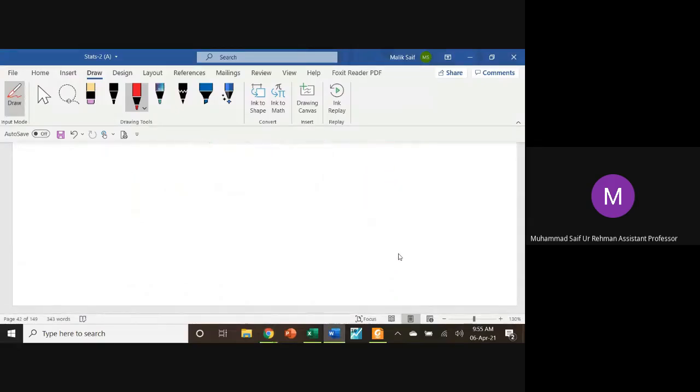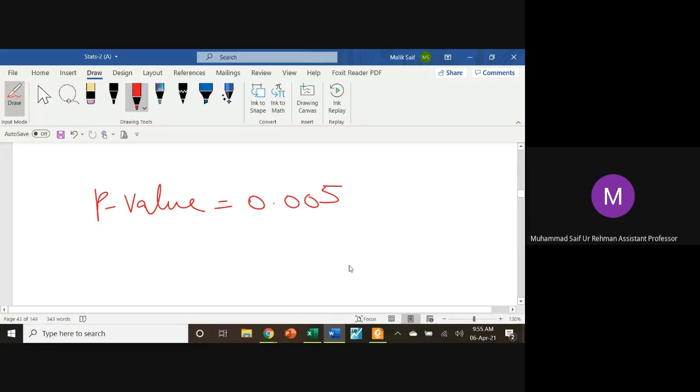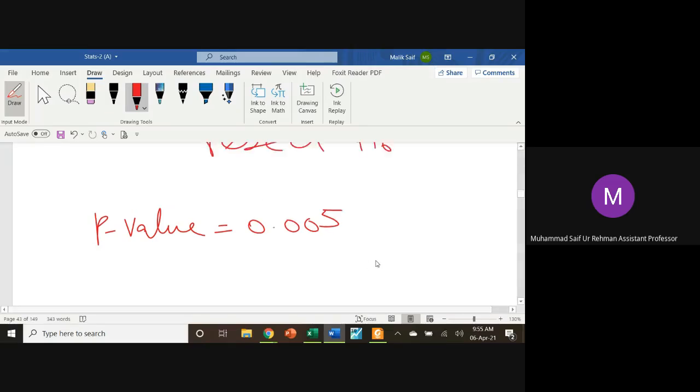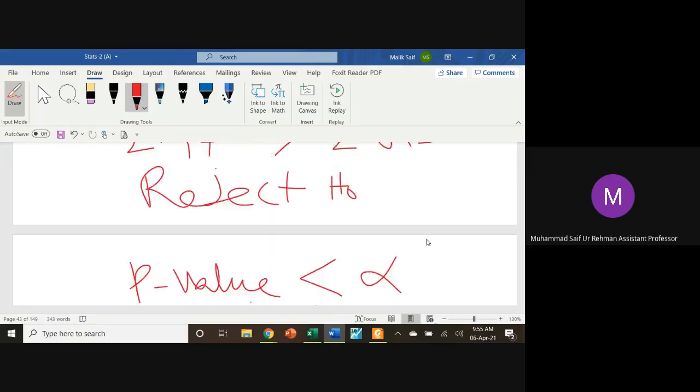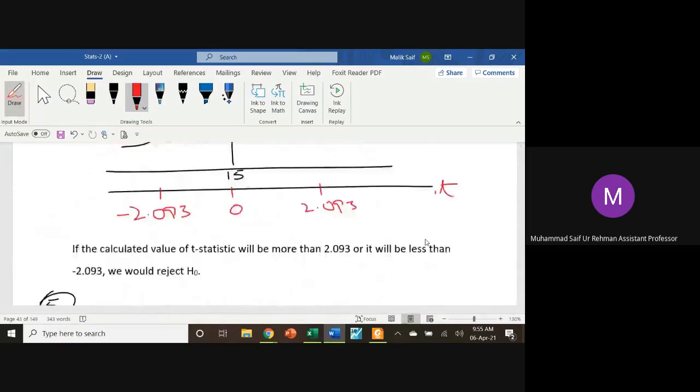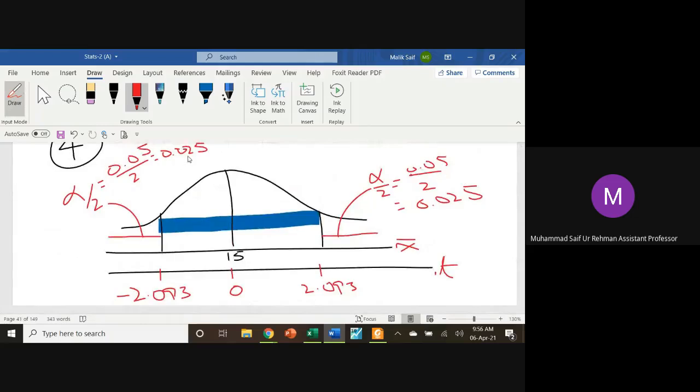The probability value that we have found is 0.005, and we have obtained this value from a single tail. So what alpha value will you take into your account? The alpha value will be the one you have written over here for the single tail, that is 0.025. So you have to compare this with this value, not with that value.